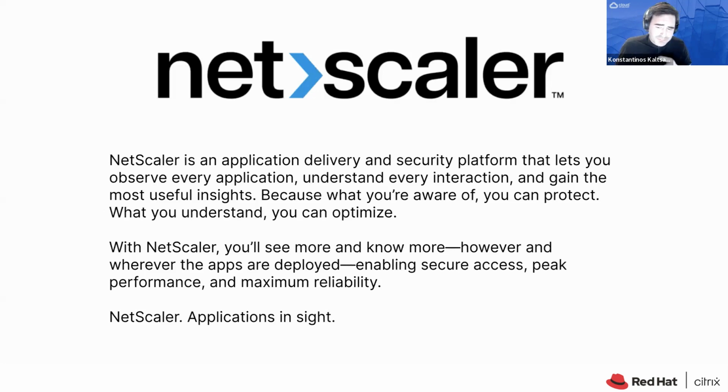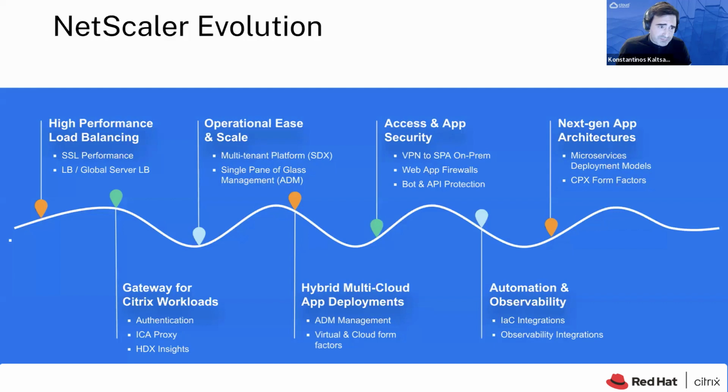Having said that, I want to share some things concerning NetScaler evolution, because most of the people out there, when they are talking about NetScaler, they are talking about a load balancer, although it's more than a load balancing device. So if you can see here on my screen, the evolution, we started by focusing on high performance for load balancing, SSL performance, load balancing, and global server load balancing.